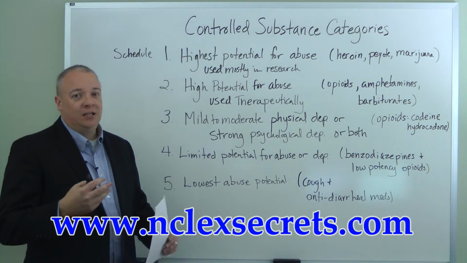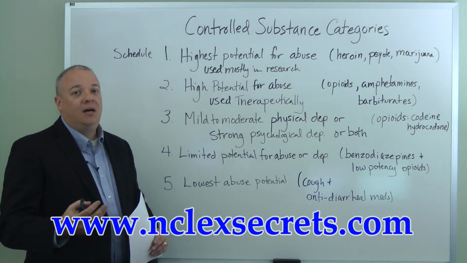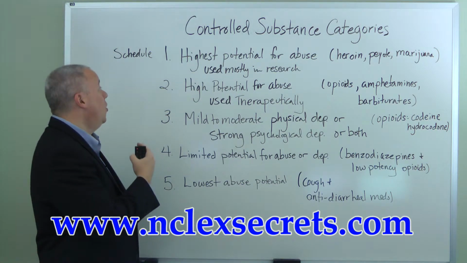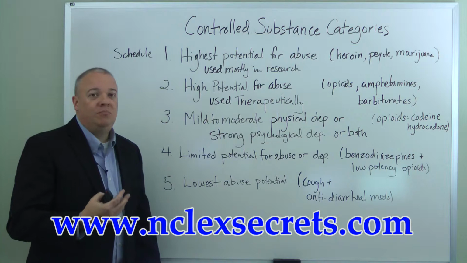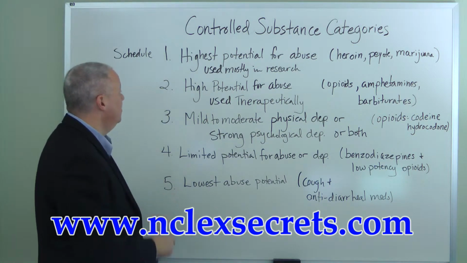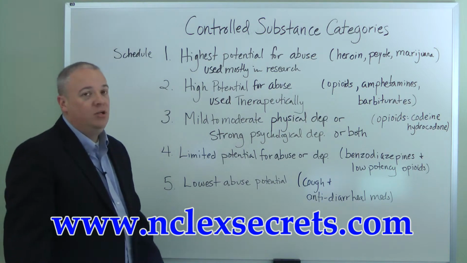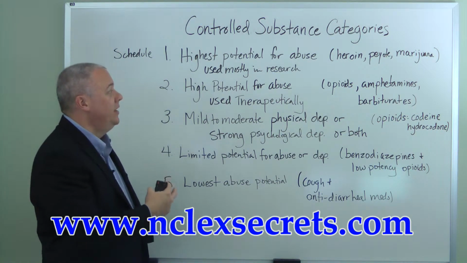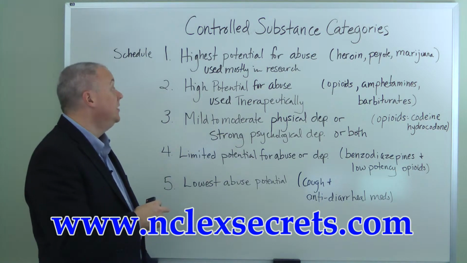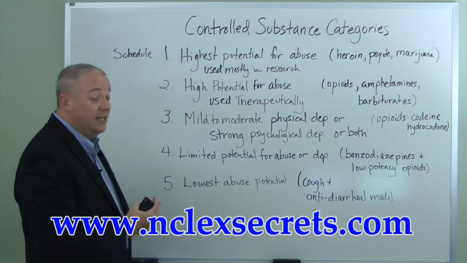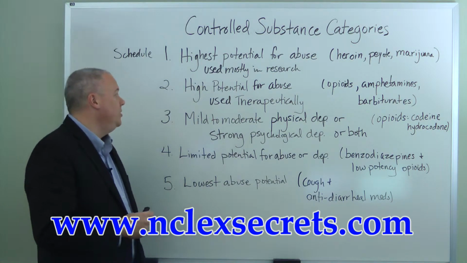So those controlled substances that have the highest potential for abuse are put into Schedule 1, and they are used medically primarily in research. Schedule 2 have a high potential for abuse, and they are used therapeutically, and these include opioids, amphetamines, and barbiturates. So these are prescribed in some ways, and they do have a high potential for abuse.